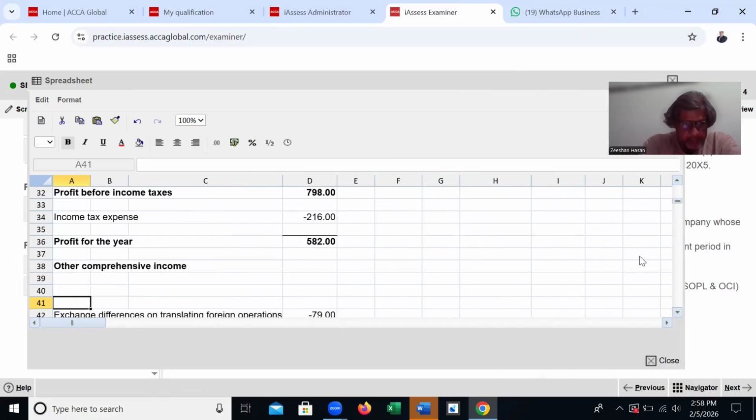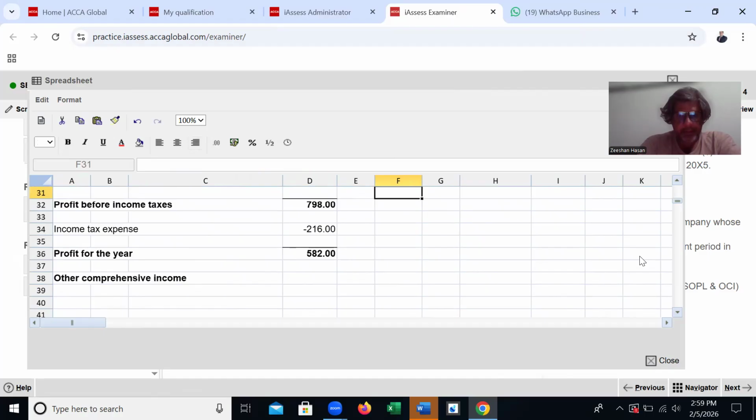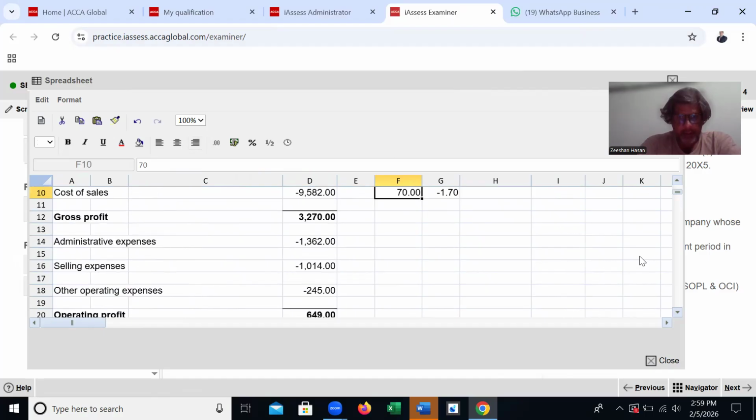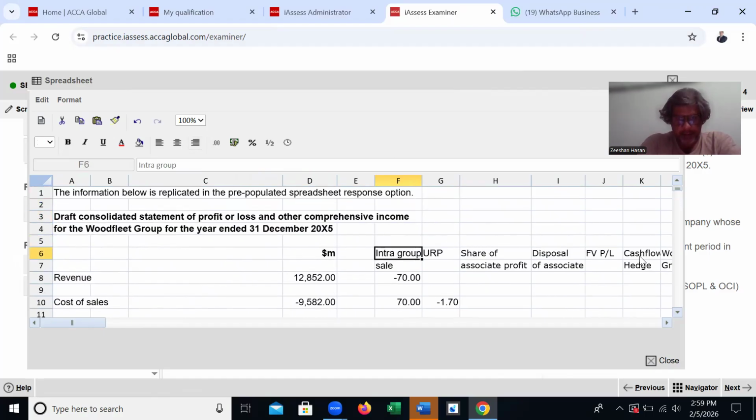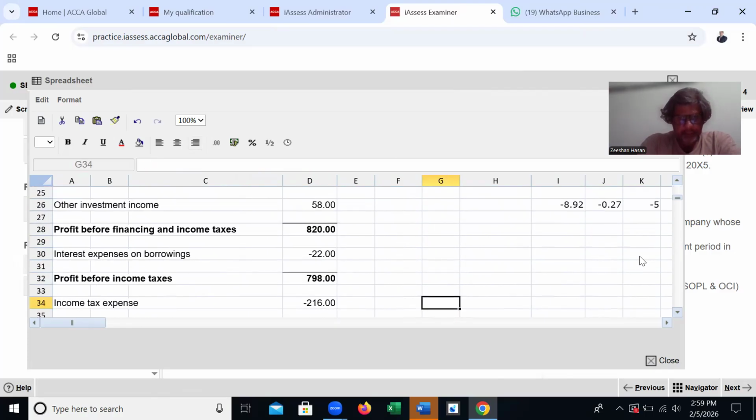Other comprehensive income, then we have exchange differences on translation of foreign 79. Where is URP? Yeah, here it is. URP.